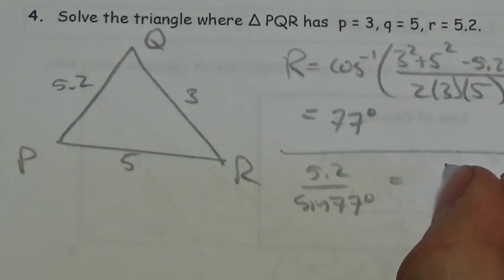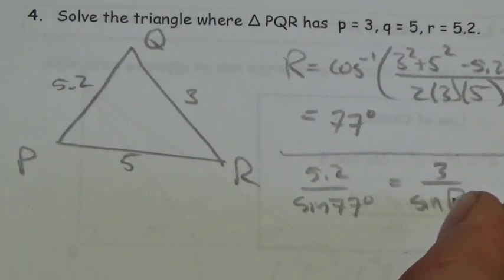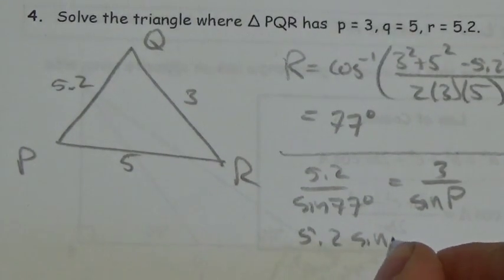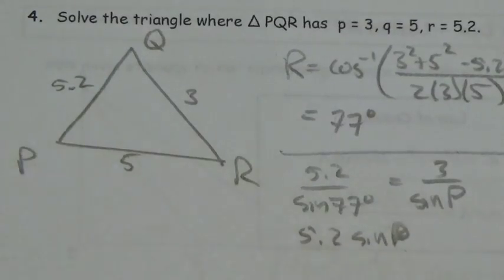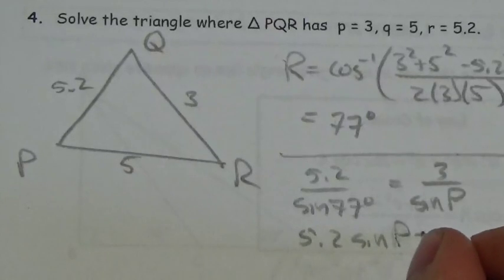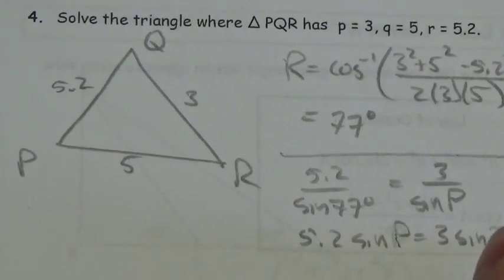Let's find p. So 3 over the sine of p. So we're going to cross multiply: 5.2 times the sine of p. P is going to equal 3 times the sine of 77 degrees.